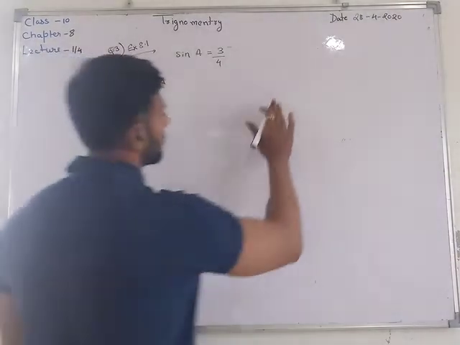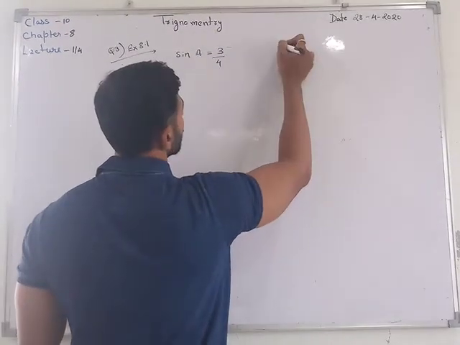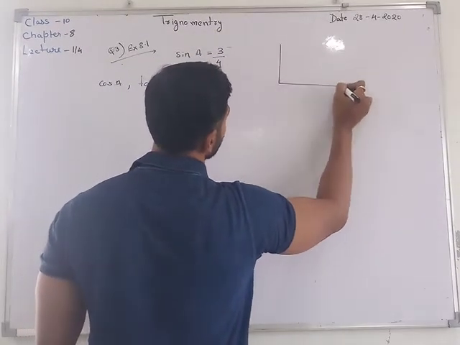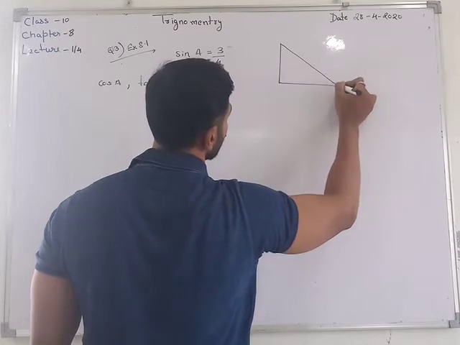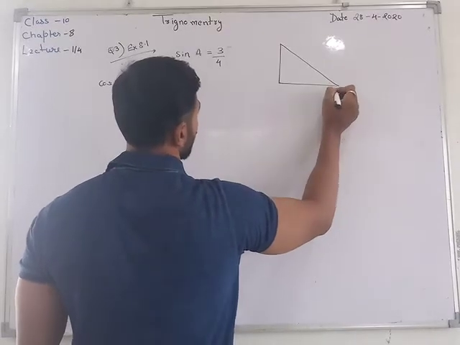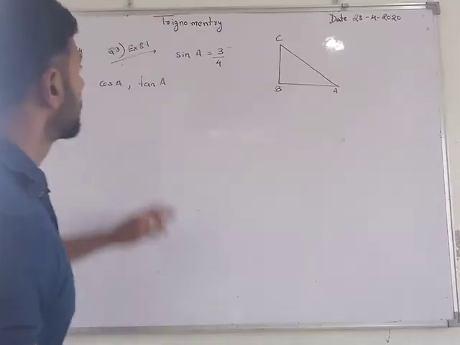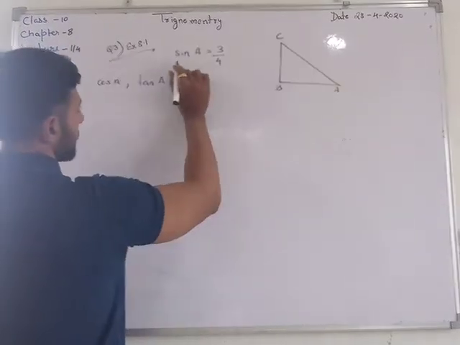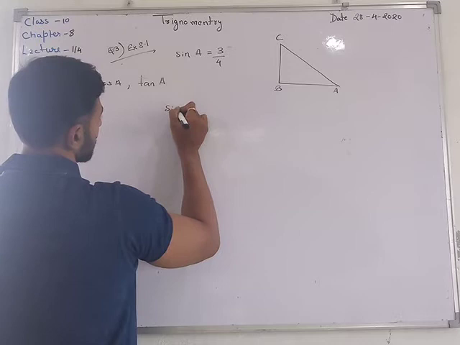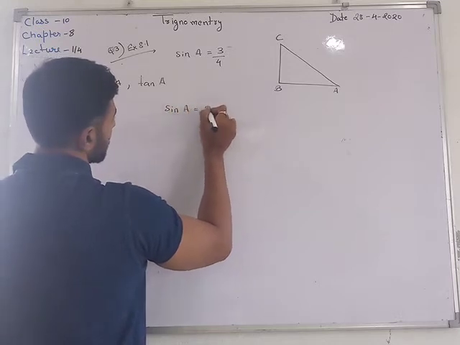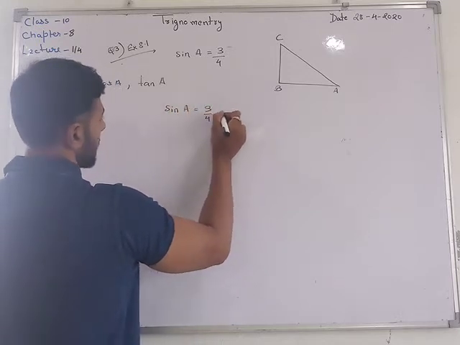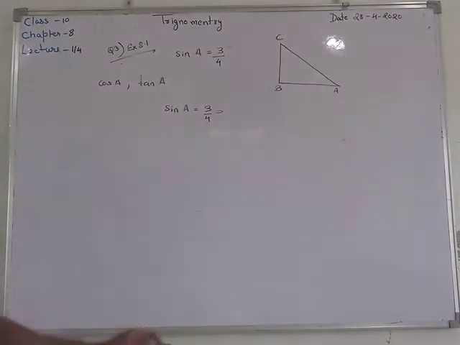First make one right triangle, A, B, C. Now, if this is sin A, 3 by 4, sin is perpendicular upon hypotenuse.